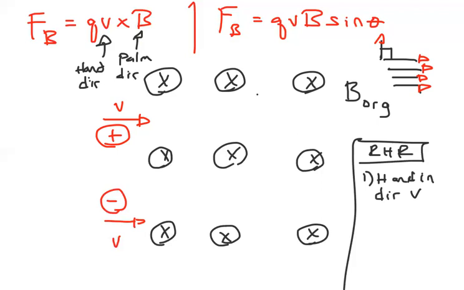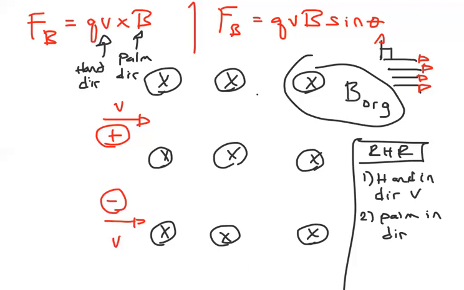But the best thing to do is then put your palm, because, and Dr. Ngana was saying this, you can't curl your fingers in the opposite direction of your palm, okay? So you want your palm in the direction of B. In this case, we're talking about B original, right, which would be this.